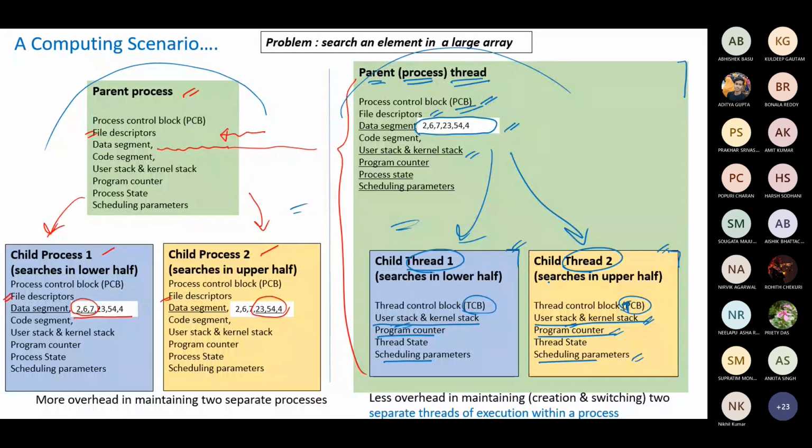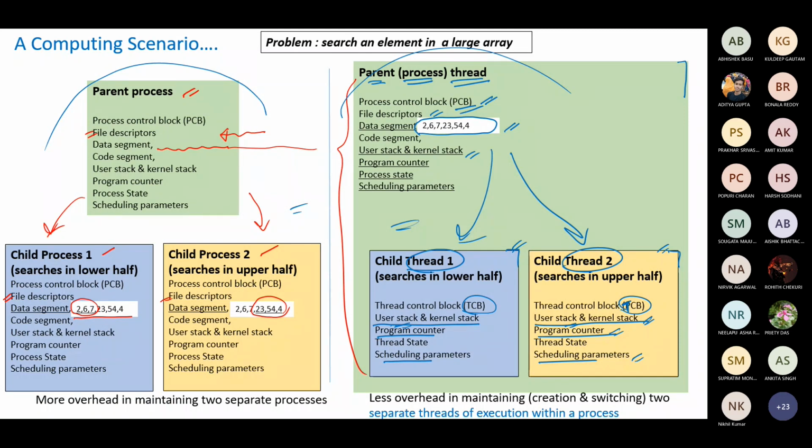Maybe thread 2 is waiting for some event to occur or for some input, but thread 1 is running because it has received its input. Or maybe both are running, or both are suspended. So we have to maintain the state of each individual thread of execution.